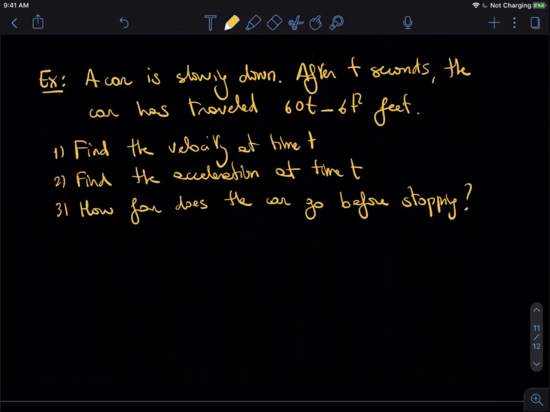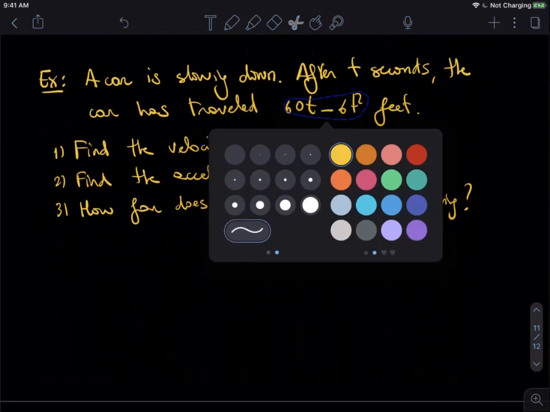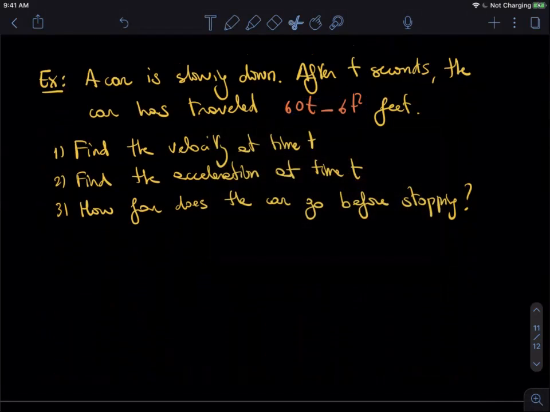If a function f, like this one that we have here, 60t minus 6t squared, okay, a function like this, describes the movement of a particle, of a car, then the instantaneous velocity at a given time is given by the derivative. Okay, that's the rate of change of the position.